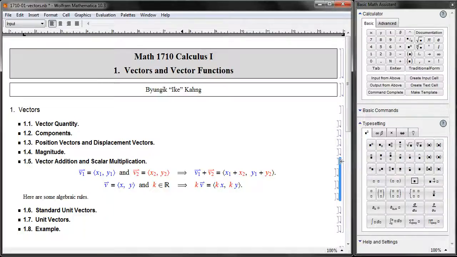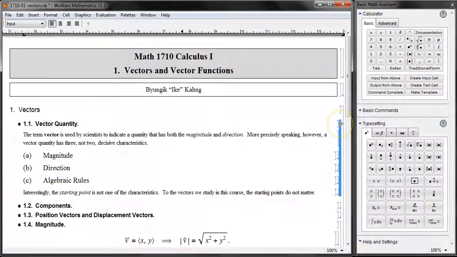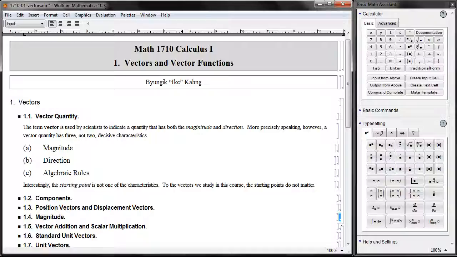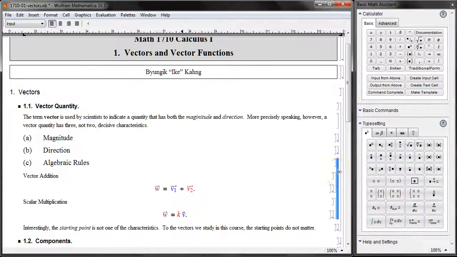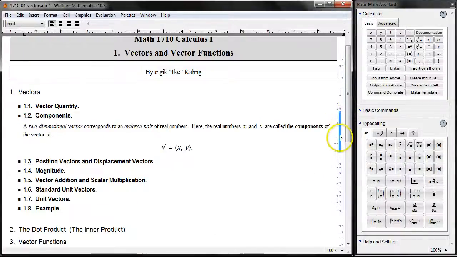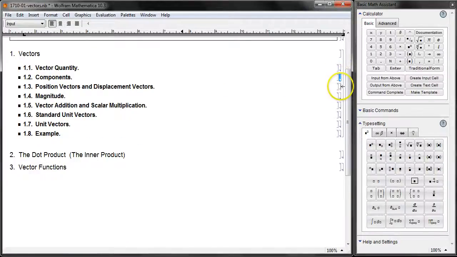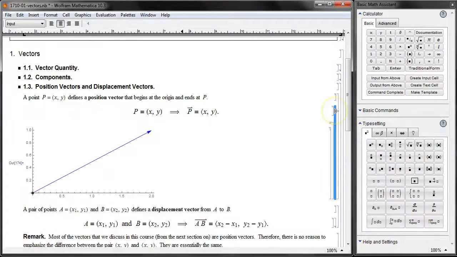Let's not squeeze too much information. Let's summarize. We talked about vectors, magnitude, direction, and algebraic rules. Algebraic rules include addition and scalar multiplication. And then every vector can be represented by components, <x, y>, by regarding it as a position vector, which starts from the origin.